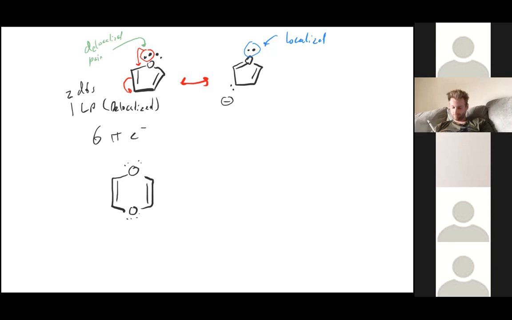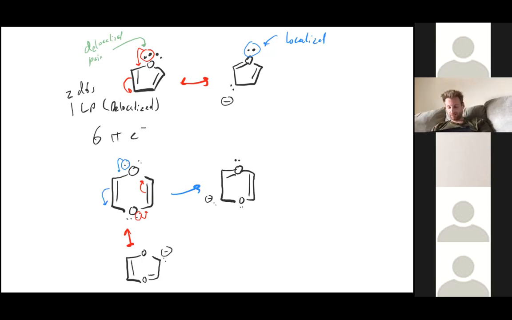So each of these oxygens has the ability to donate 1 set of pi electrons into their system. Just drawing out some resonance structures.